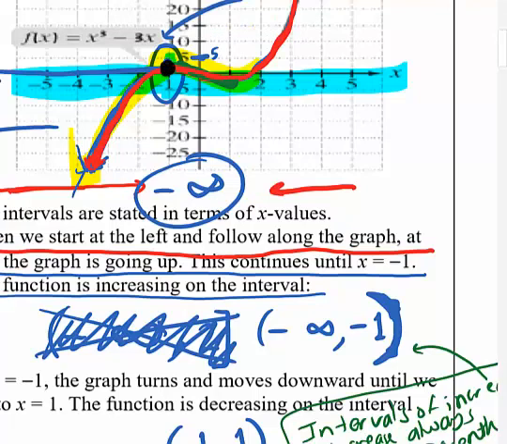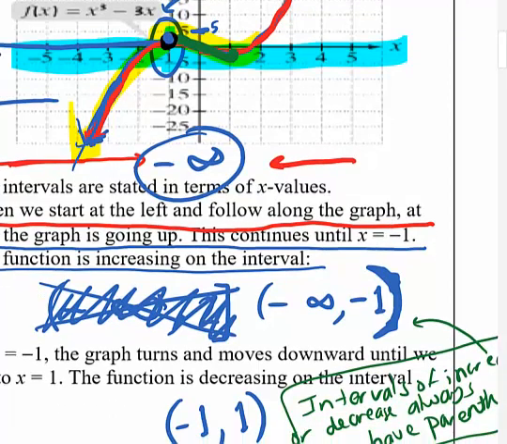So, for example, at this high point right here, right at that value, it's not really increasing or decreasing. Because if he looks to his left, he sees increasing, but if he looks to his right, he sees decreasing. So right at that moment, it's neither increasing nor decreasing. It's like an inflection point, they call it, where it's changing from one to another. So that's why you never include those values.